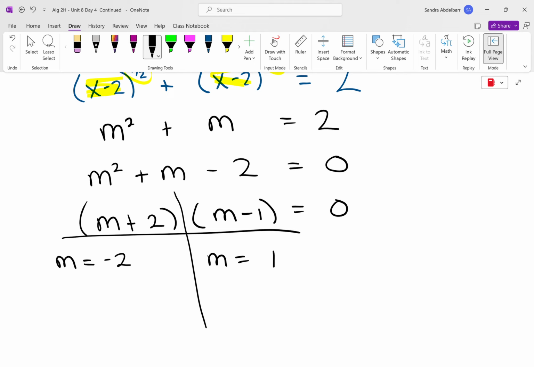Why not? We have to substitute back. So now I will substitute back, and I will take my quantity of x minus 2 raised to the 1/4 is equal to -2. Okay, I know this isn't going to work out, but let's keep going through the motions.